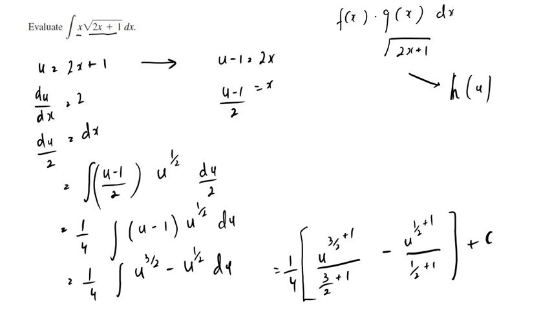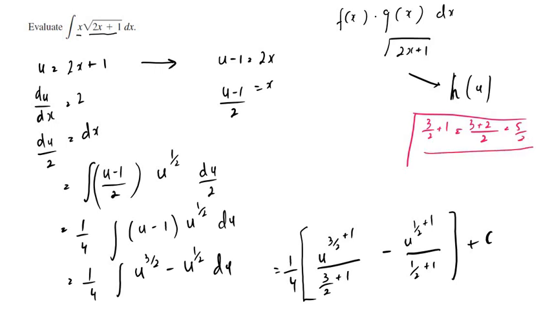So let me do this in a different color. 3 over 2 plus 1 is equal to 5 over 2.